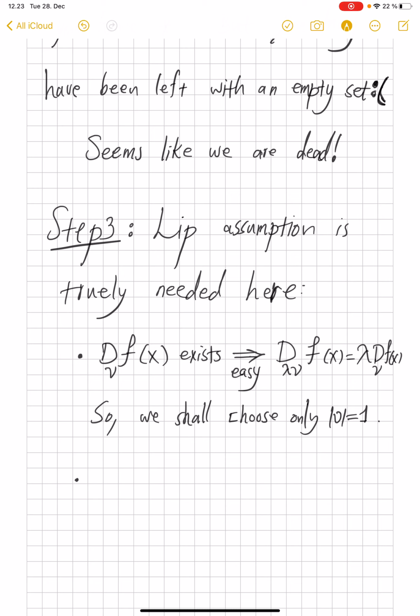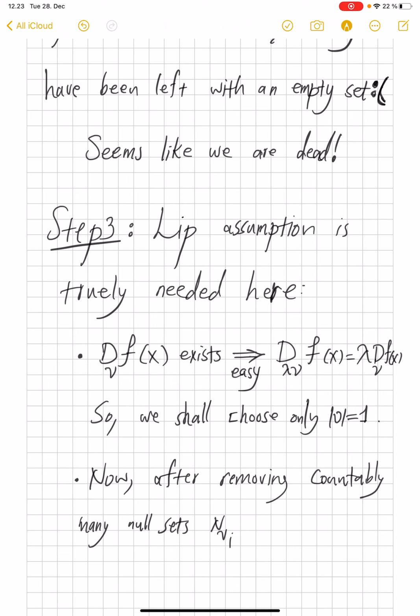Okay, the second observation is that now, after removing countably many null sets, where v_i, i from 1 to infinity, is a dense sequence in S^{n-1}.